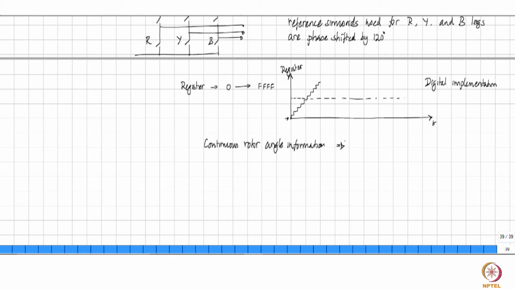Therefore, it is usually necessary that you put a rotor position sensor in this machine. So, if you really want very high precision operation, then it is necessary that you have a rotor position sensor. Without that, this motor cannot be used.